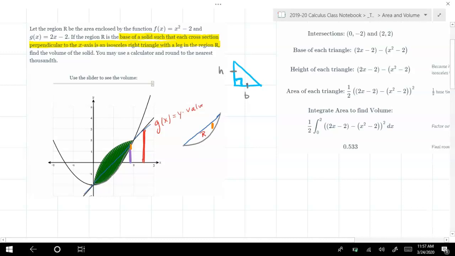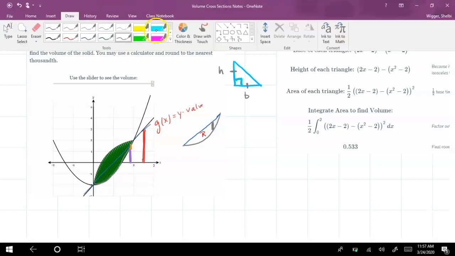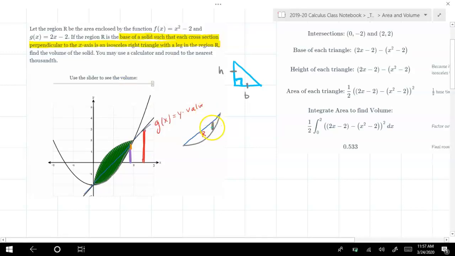It told us that the leg is in region R, meaning the triangle starts in region R. The base of the triangle is in region R. Now picture it coming up off the page, this 3D shape.